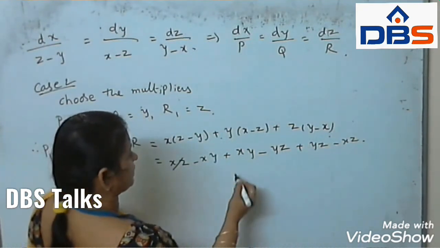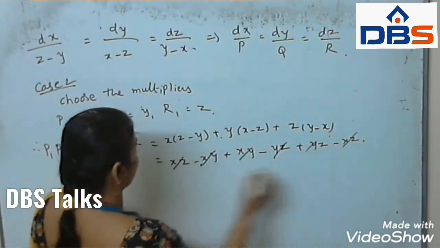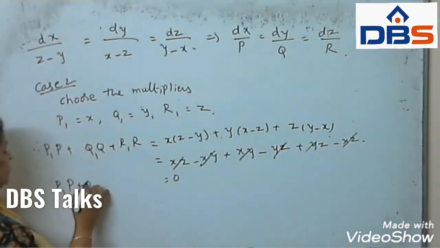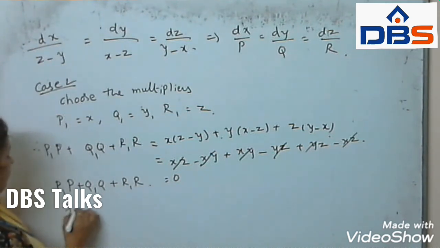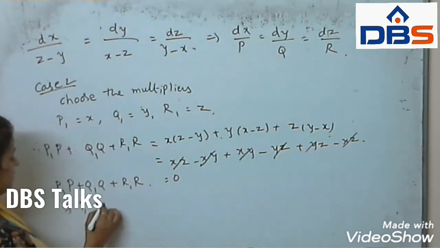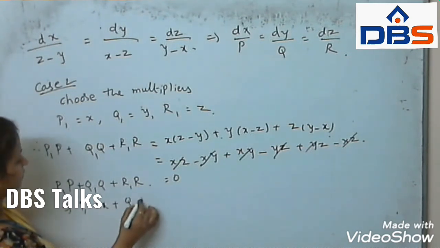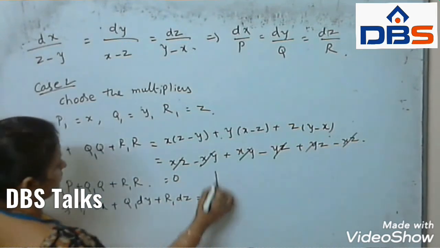So xz cancels out, xy, yz, yz, everything cancels, 0. So P1p plus Q1q plus R1r equal to 0. That implies our formula is P1 dx plus Q1 dy plus R1 dz equal to 0.